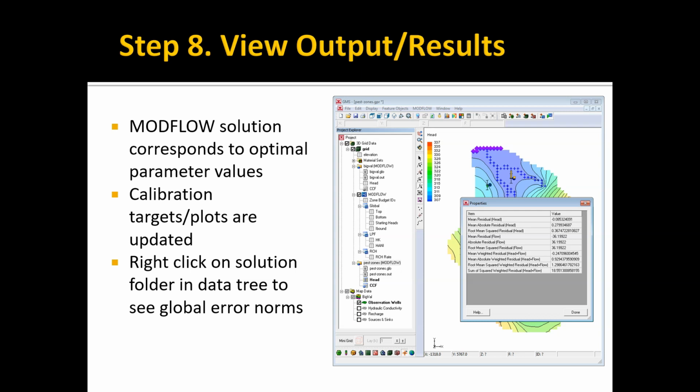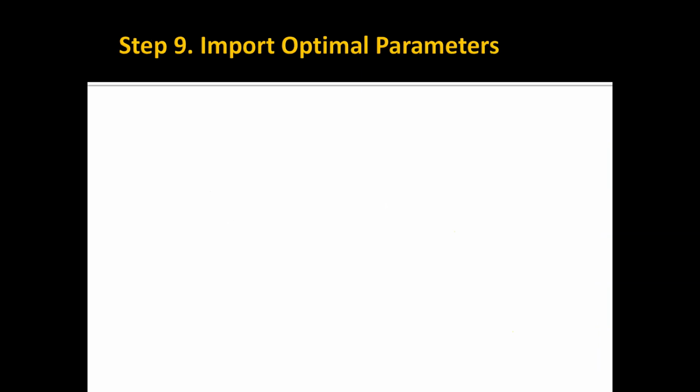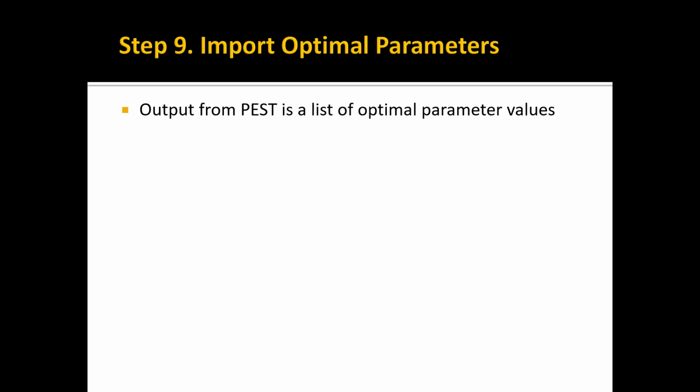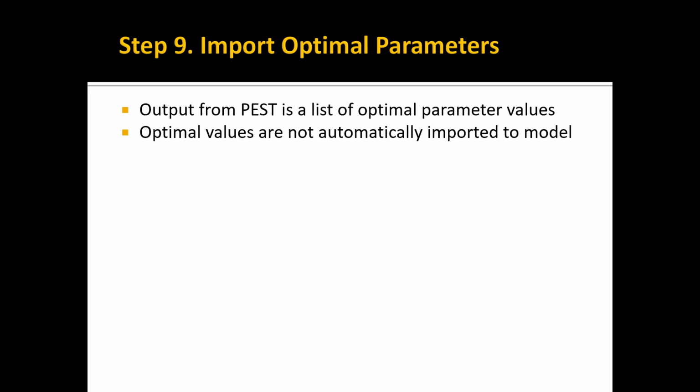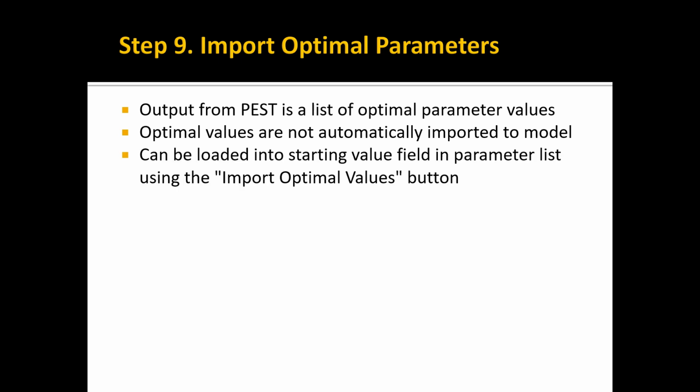Now at some point you may decide that you're done, and at that point you need to import your optimal parameter values. So part of the output for PEST is a file that contains a list of the final optimized parameter values. And those are not automatically imported to the model. You have to explicitly tell it to load them in.